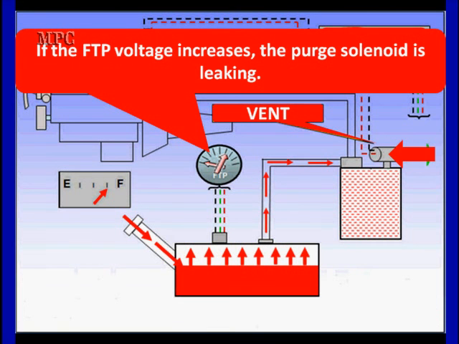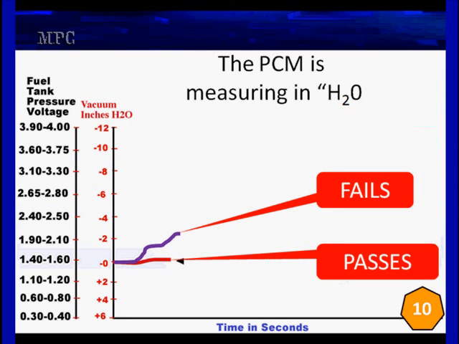If the FTP, fuel tank pressure, increases voltage, the purge solenoid has to be leaking because the vent is sealed. And if it's sealed, there should be no vacuum coming in, no air coming in. So this is our failure. We measured it. If it fails, it goes no further because nothing can be tested.